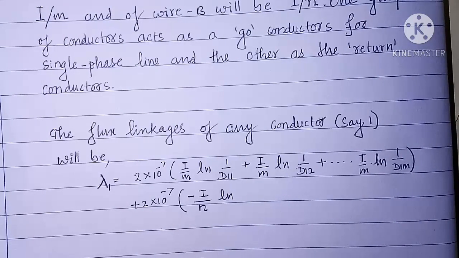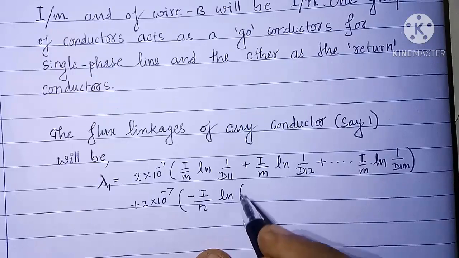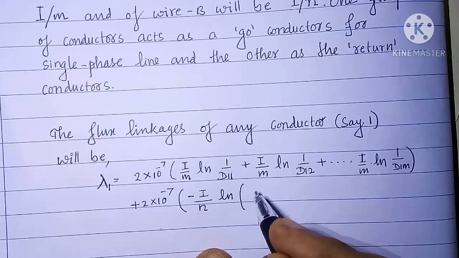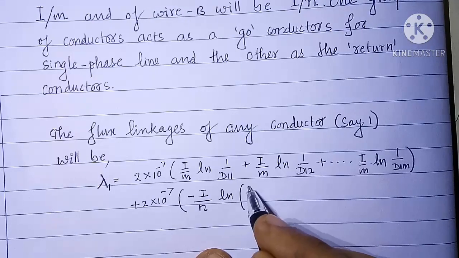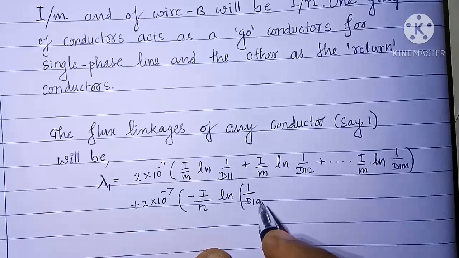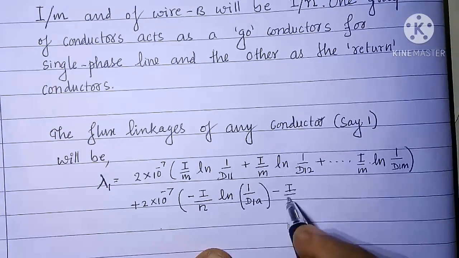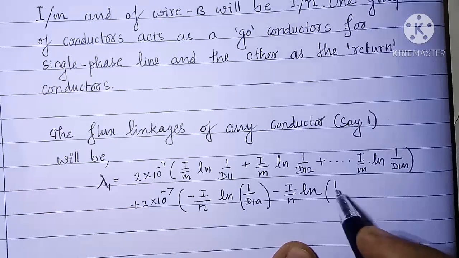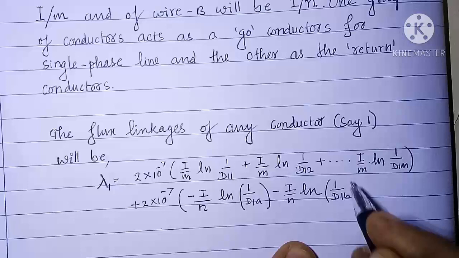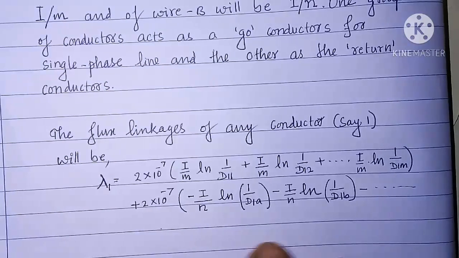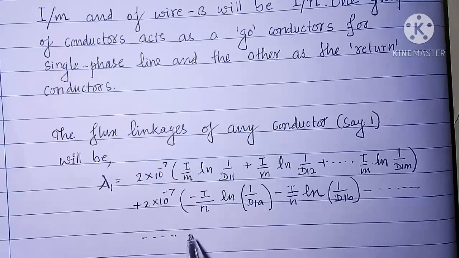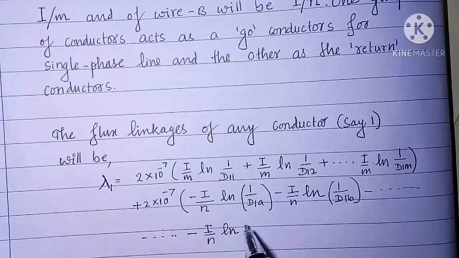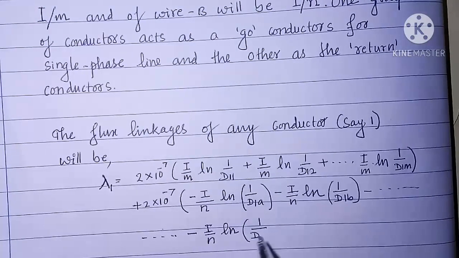Ln of the distance between conductor 1 in wire A and conductor A in wire B, that is 1 upon d1A, minus I upon N ln of 1 upon d1B minus and so on up to minus I upon N ln of 1 upon d1N.